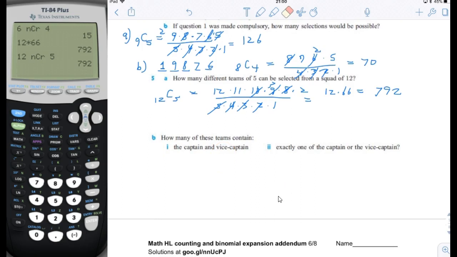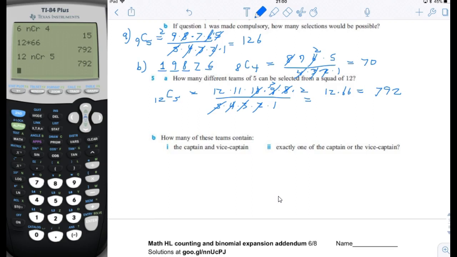In this case, basically what they're asking is how do you fill the last 3 spots, right? Because the first 2 spots are taken by the captain and the vice captain. There's only one way to fill those 2 spots because it's 2 spots and 2 people.